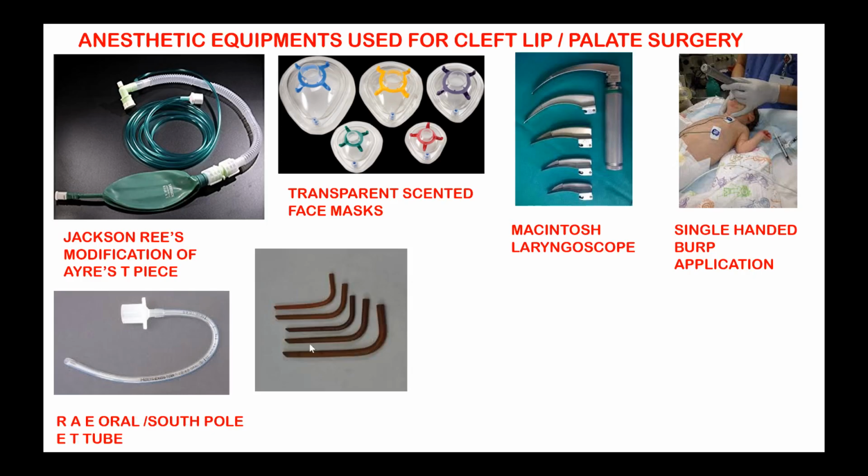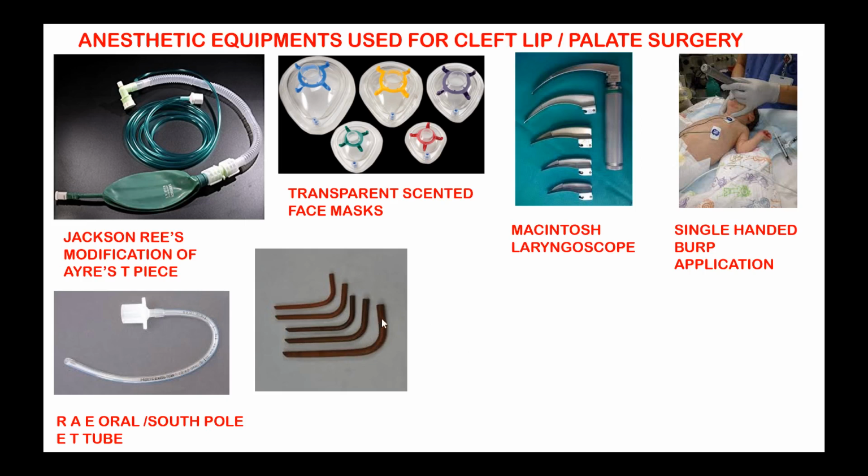This is a history specimen, for history knowledge. These rubber tubes were used before the advent of this tube for oral surgery, cleft lip and cleft palate. Rubber tube. It's made of red rubber, correct.